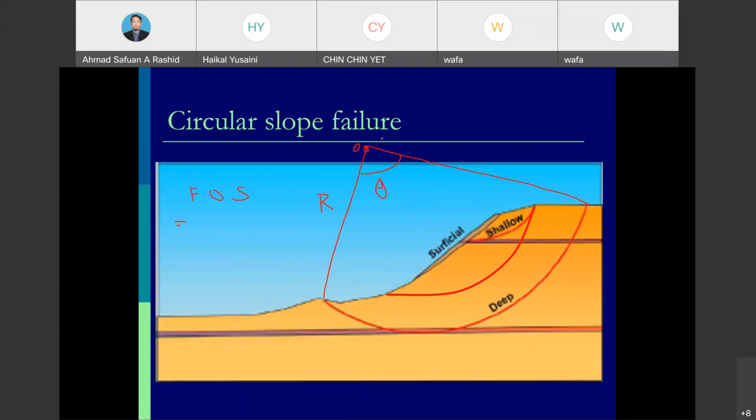So in that case, we need to shift the location of the point of origin to another location until we meet the minimum value of FOS. That will be the optimum location of the point of origin, and also the minimum factor of safety value.